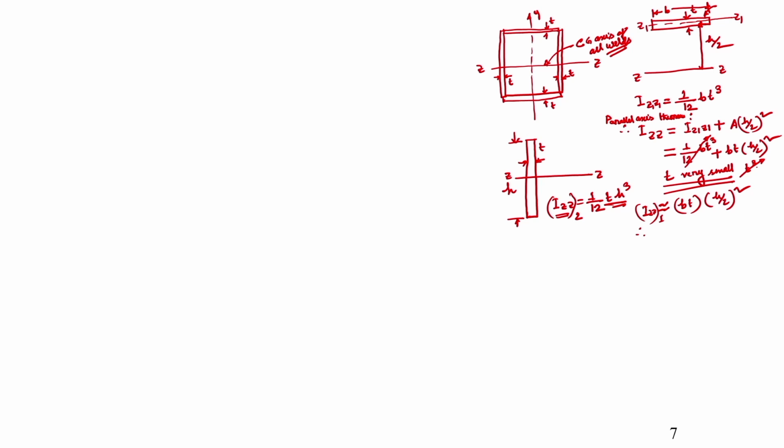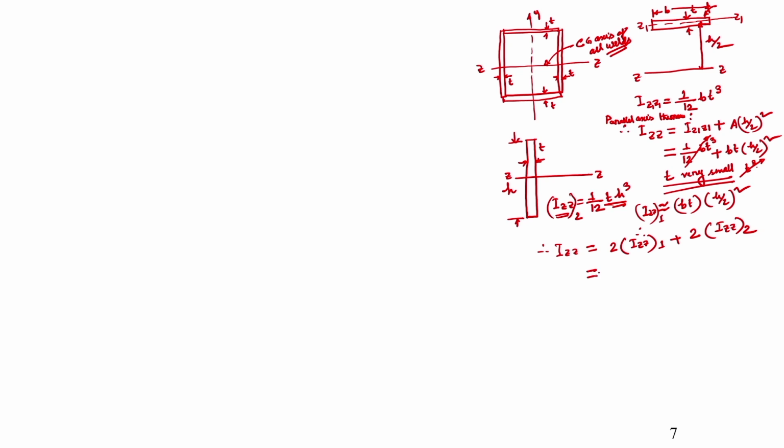This is the second weld, which is perpendicular to the direction of ZZ, correct. So, what will the overall IZZ be? You can say 2 into IZZ1, because they are similar and symmetric also, plus 2 into IZZ2, this you can write, correct.